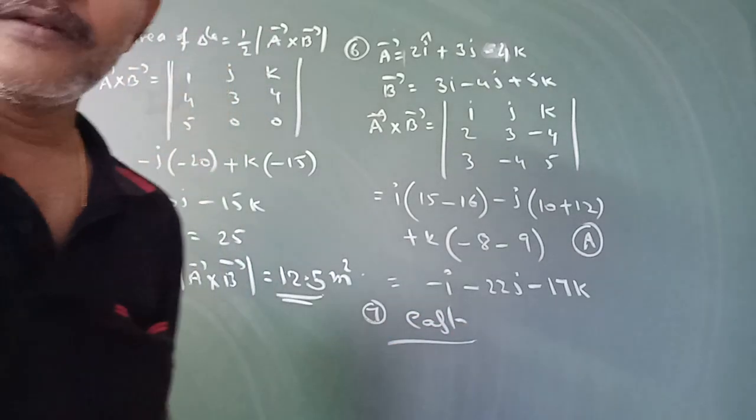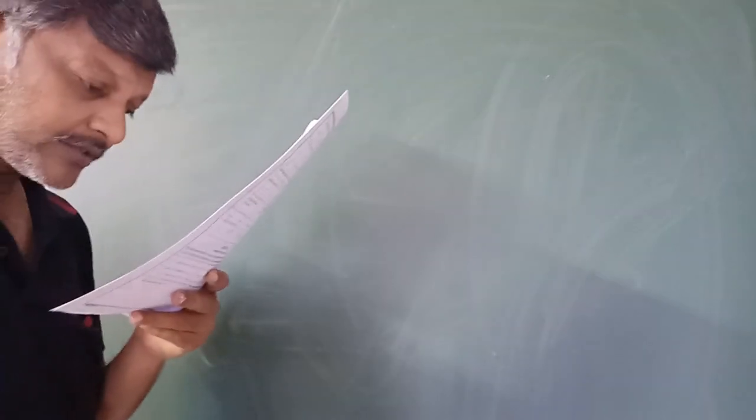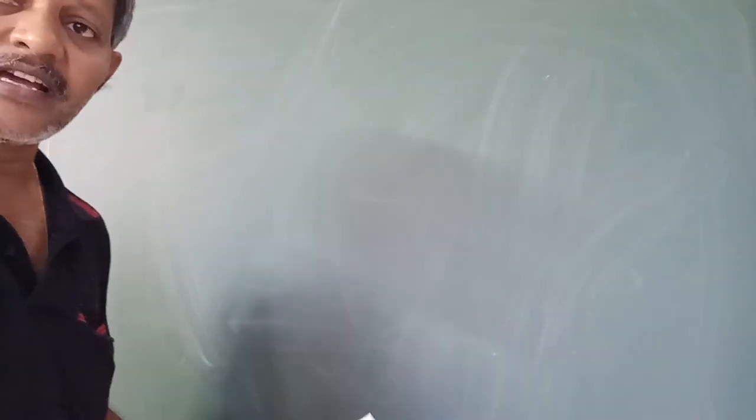For the seventh one, the answer is east. Use the right hand thumb rule. Next, eighth one. Two stones are dropped from the top of a tower at an interval of 3 seconds. The relative velocity of the first stone with respect to the second stone at any instant? There is a time difference of 3 seconds.